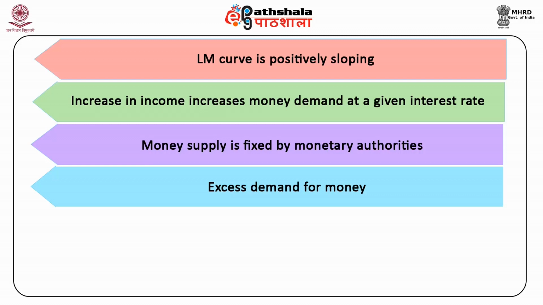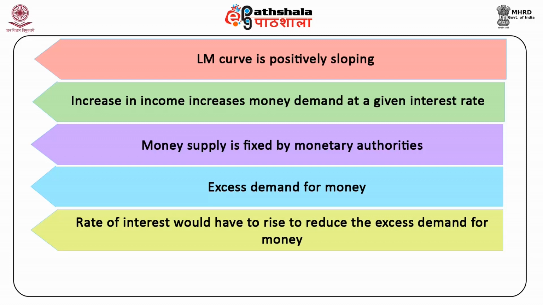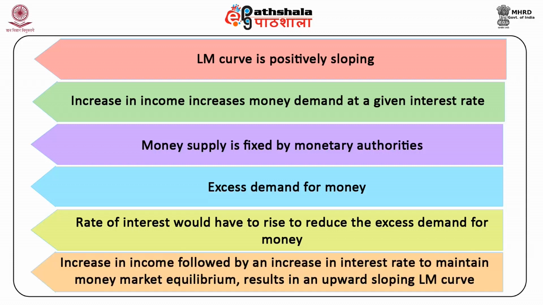To equate money demand and money supply, the rate of interest would have to rise to reduce the excess demand for money. Hence, an increase in income is followed by an increase in interest rate to maintain money market equilibrium, resulting in an upward sloping LM curve.